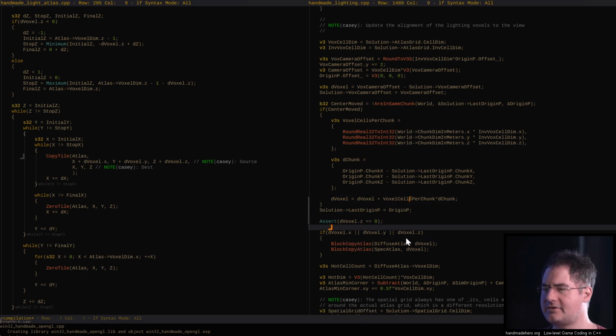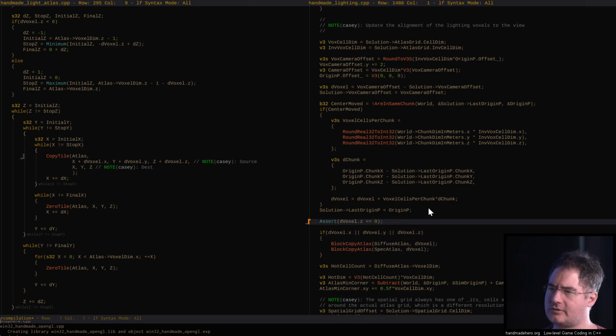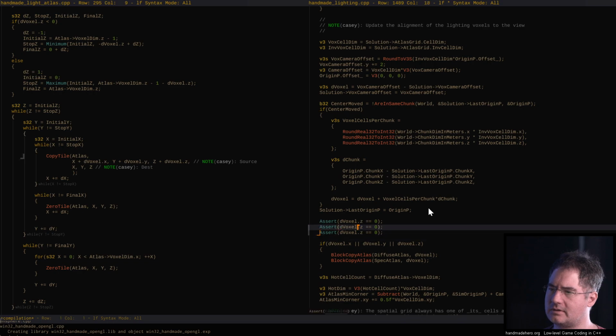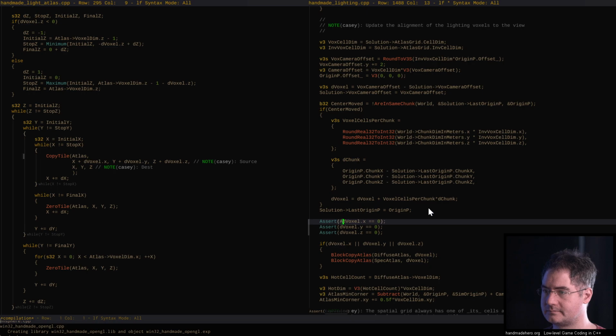So I kind of want to know what these values are. In normal operation at 60 FPS, these should always be like 1 or less, right?